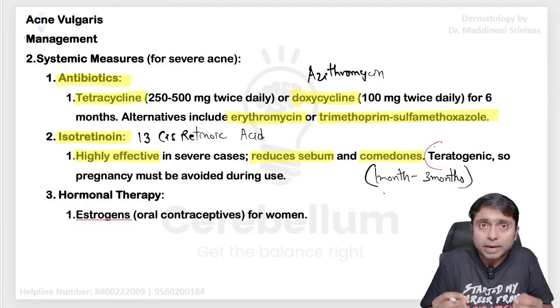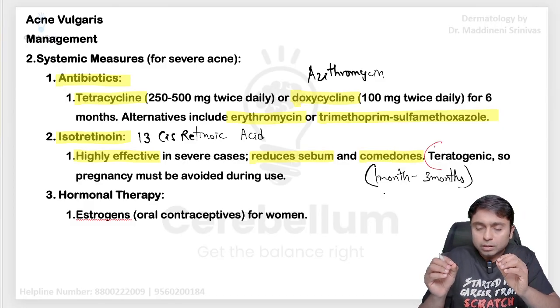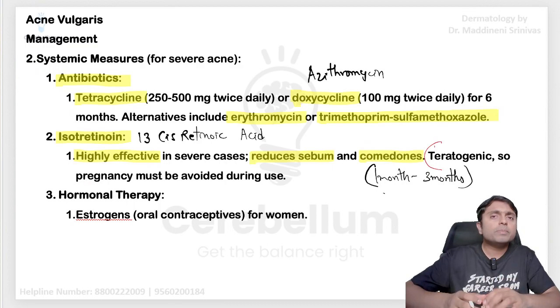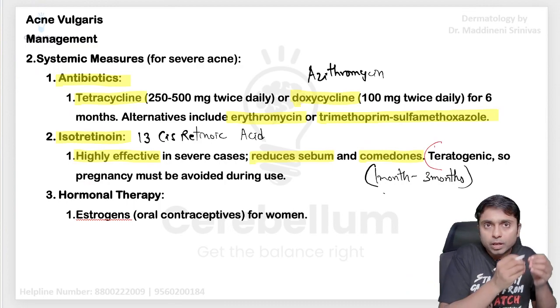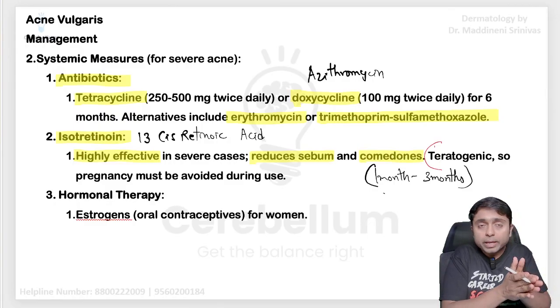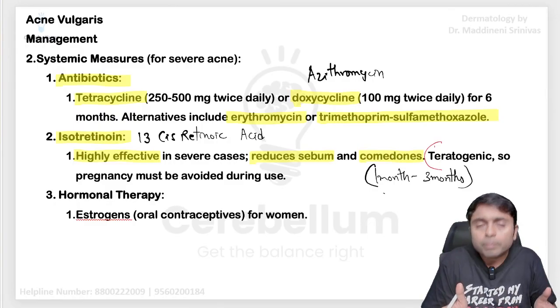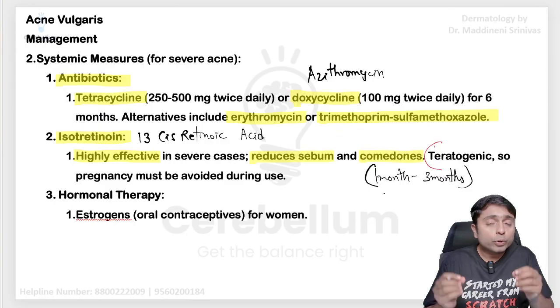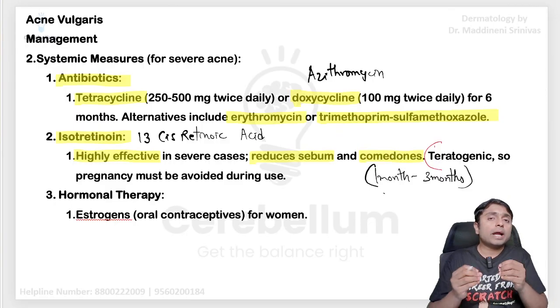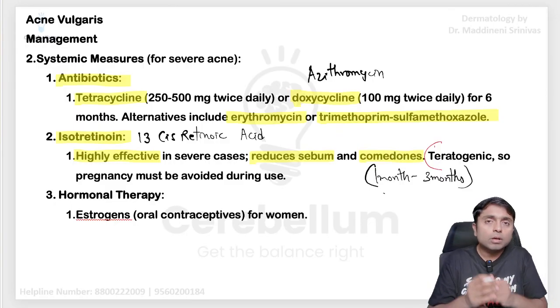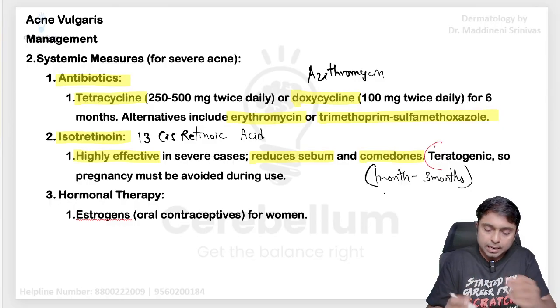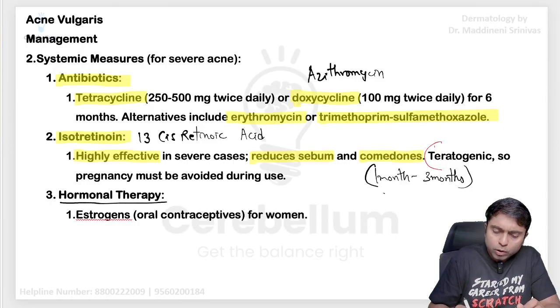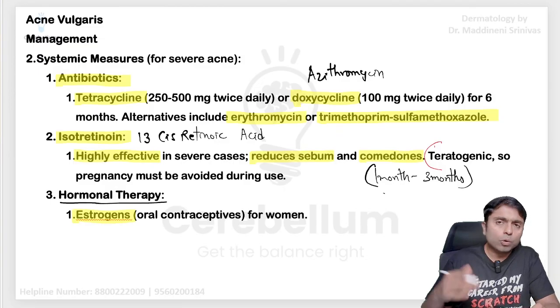So we have to advise that the patients should not use the isotretinoin just before they plan for their conception. Okay, so there should be a period of at least 1 month, 3 months gap where they have to use contraception and they have to avoid any planning of the pregnancies. And also hormonal therapy can also be used in the form of estrogen, so oral contraceptives for women.